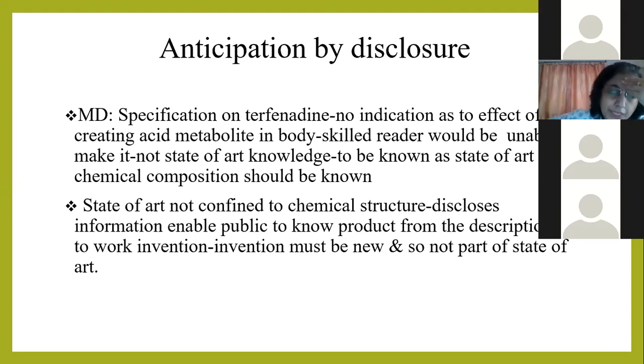So what they said is that in my first patent application, I had said yes, it is metabolized in the body, but I didn't say that it is the acid metabolite so and so which is giving the effect, and neither was the compound structure disclosed. So it is not disclosed in the prior art or the first patent.